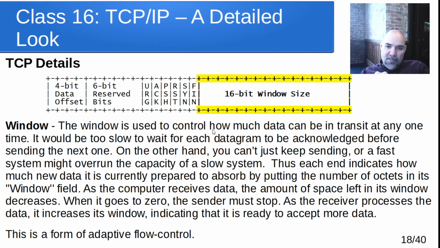So what happens here is each end indicates how much new data it is currently prepared to process by putting a number of octets in that window field.